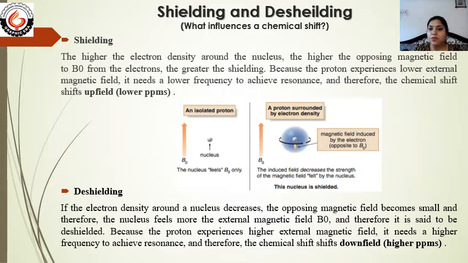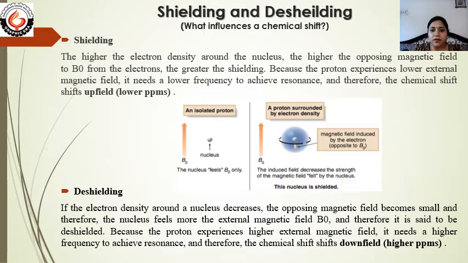The proton experiences a lower external magnetic field, because those protons are shielded by the electrons. So obviously it needs a lower frequency to achieve resonance, and therefore the chemical shift value is lower. That means the delta value will be lower.